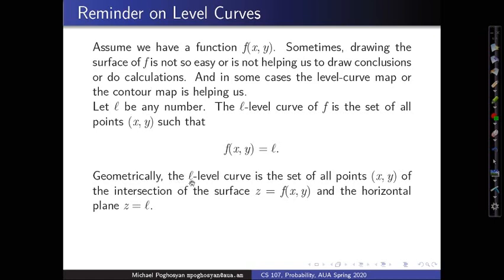Geometrically, the L level curve is the set of all points of the intersection of the surface z equals f(x, y), which gives the surface of f in three-dimensional space, with the horizontal plane z equals L. So a plane with height L, horizontal, parallel to the xy plane, intersecting the surface z equals f(x, y).